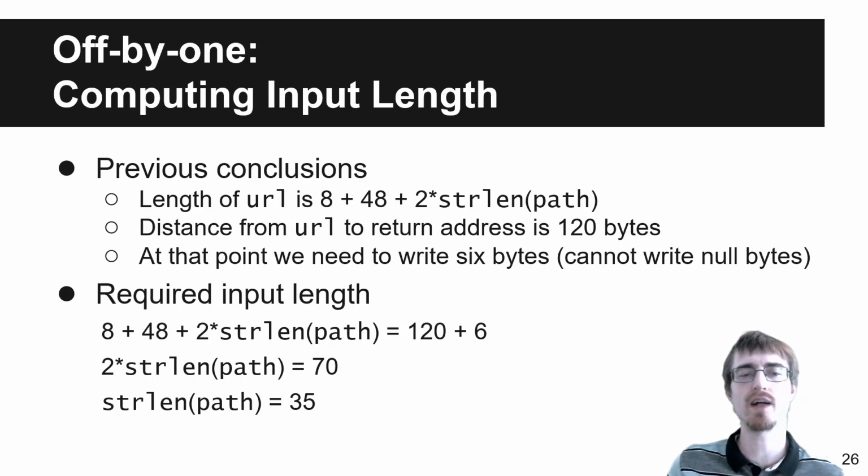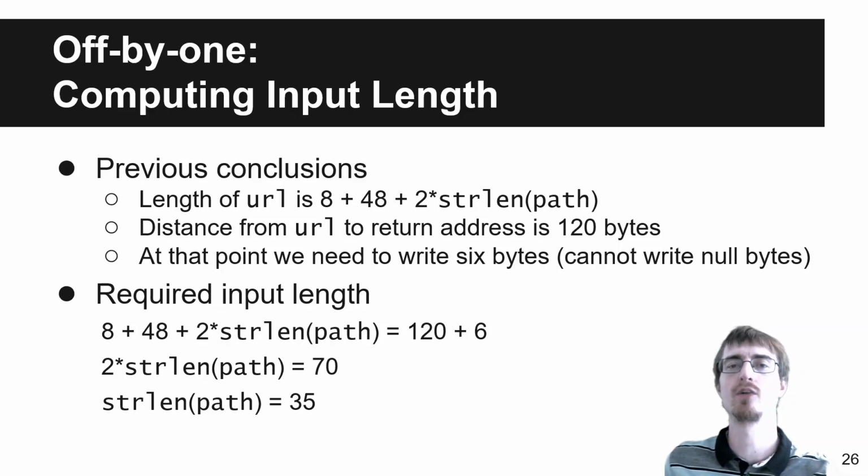So we can simplify this equation by combining the terms that do not involve path, and then we divide both sides by 2. It turns out that to get the exact right exploit, we need to set the string length of path to 35. So if we have 35 bytes, the URL becomes long enough to overwrite exactly the return address without harming the null bytes that are there.